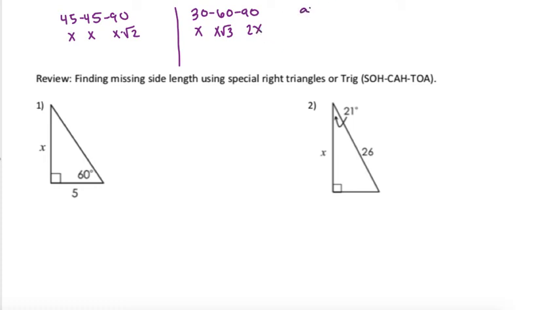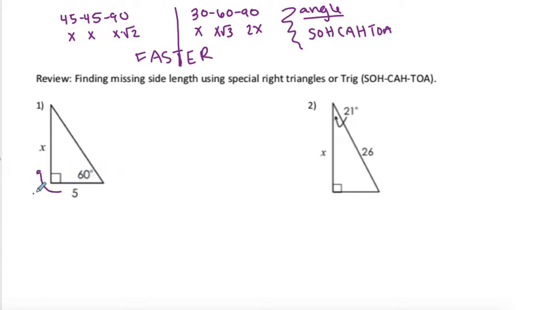Any other angle, we would use SOHCAHTOA. Okay, so this always works because it can be 30, 60, it can be 45, 45, any angle we can do SOHCAHTOA. This is meant to be faster if we know it. I'm going to use that as my T there. All right, so on number 1, we could do this 2 ways. If we saw the 60 degrees and knew that this was times radical 3, we could say that x has to be 5 radical 3.